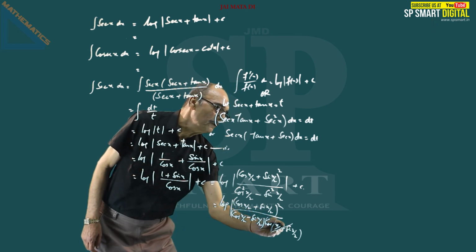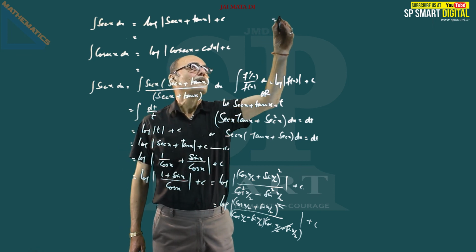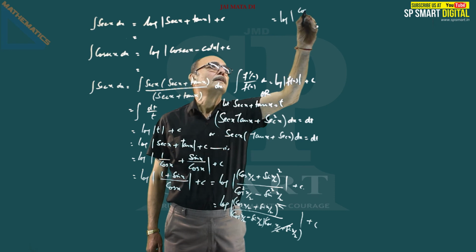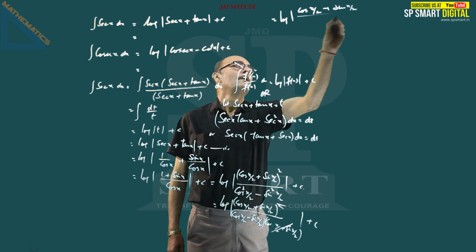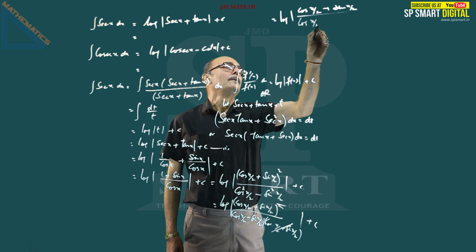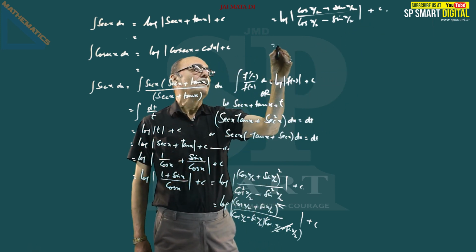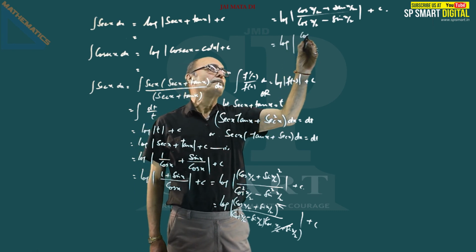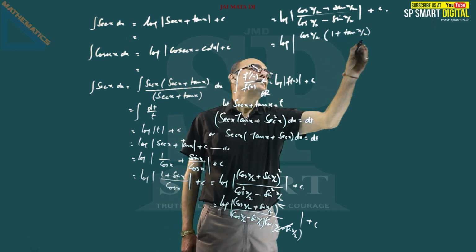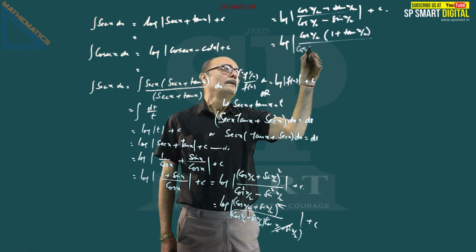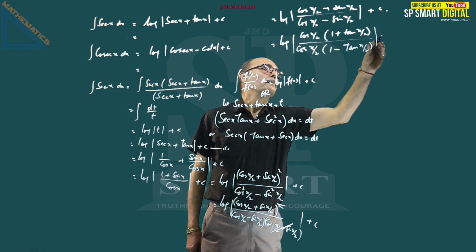This factor cancels, and you are left with log of cos x by 2 plus sin of x by 2 upon cos x by 2 minus sin of x by 2 plus c, or log of, taking out cos of x by 2 common, 1 plus tan of x by 2 over 1 minus tan of x by 2 plus c.